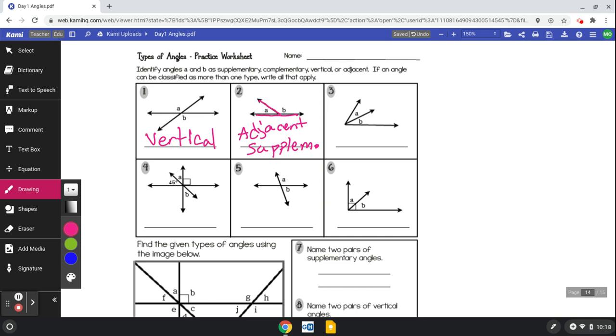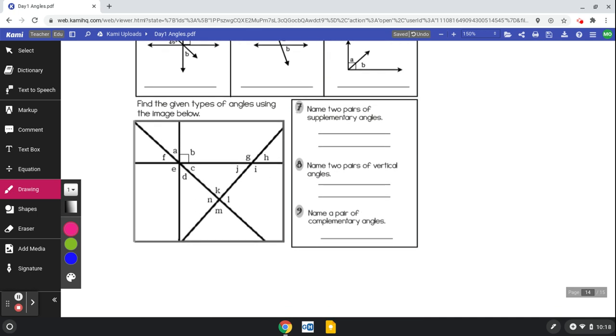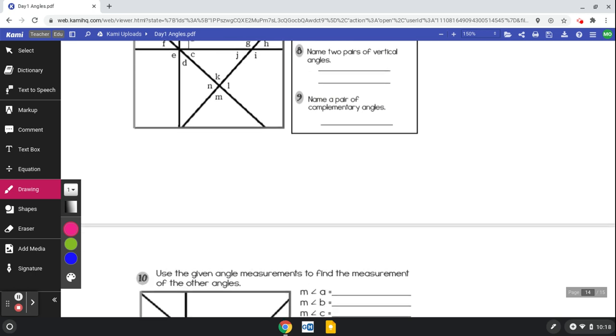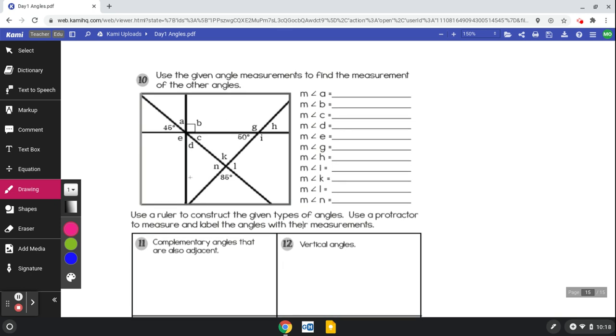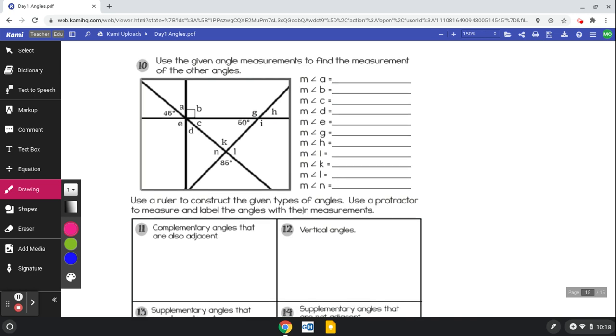So for 4, you're just paying attention to angle A and angle B. Now, 7, you're naming 2 pairs of supplementary. 8, 2 pairs of vertical. And 9. Okay, so there's multiple correct answers. So you just need to find the ones that work for you. Then 10 is just like what we did in that picture. Okay, except there's different measurements. So you need to go through and make sure you do that.